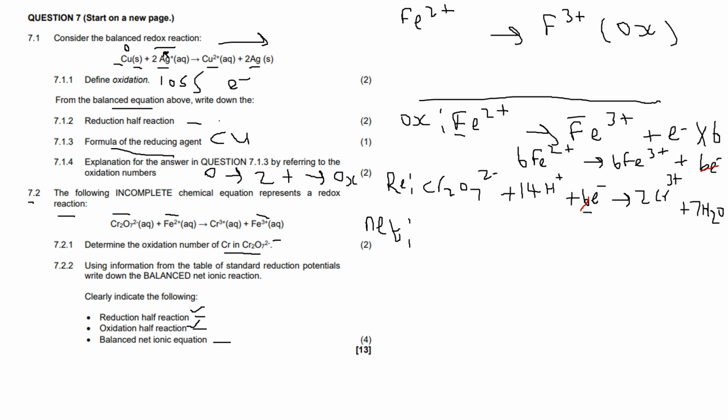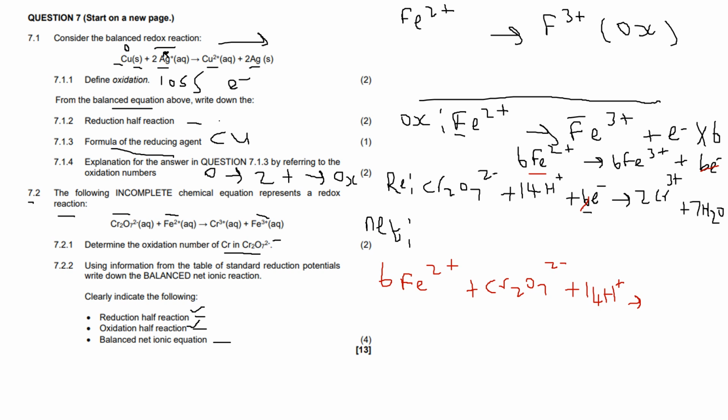So on the left side, I'm left with 6 Fe2+, then plus Cr2O7 2-, and then 14H+, everything on the left. The 6e- is cancelled, so it won't come back again because it's been balanced out.